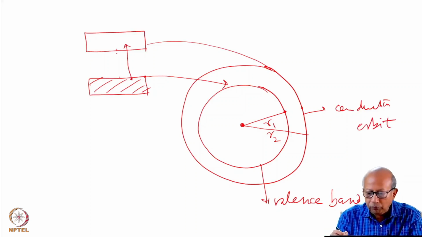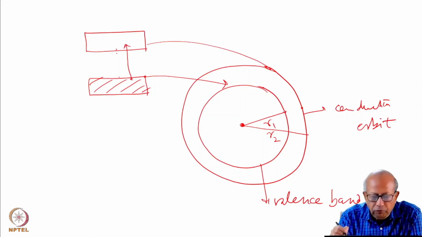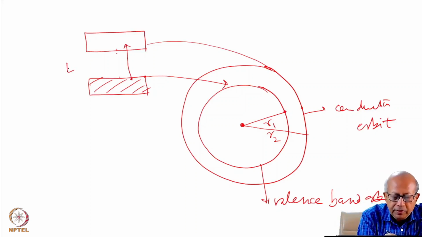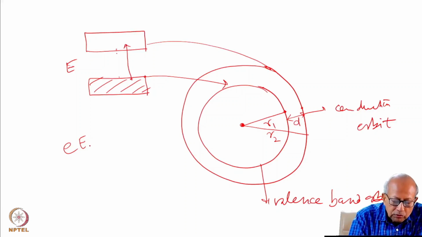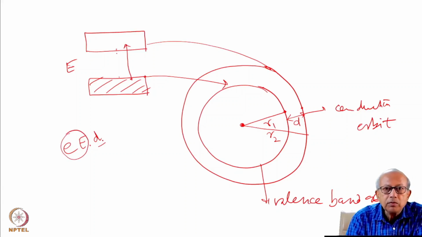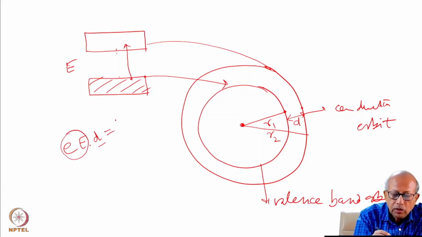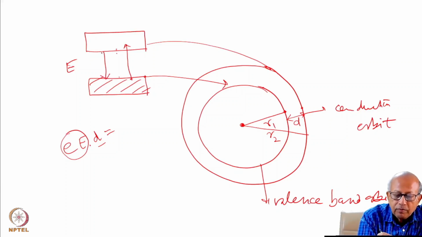So if we apply an electric field E, then the force the electron will experience is e times E. And if this distance is d, then this force must be able to do a work, which is e times E times d, the force into this displacement, which must be equal to the band gap energy.